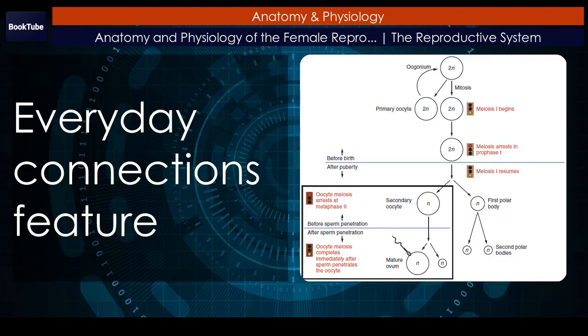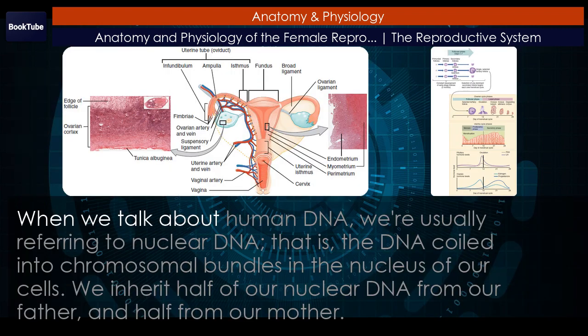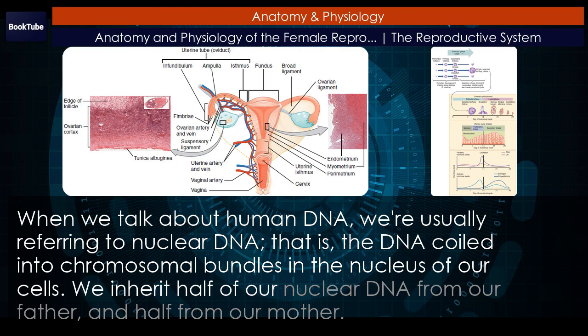Everyday Connections feature: mapping human history with mitochondrial DNA. When we talk about human DNA, we're usually referring to nuclear DNA, that is, the DNA coiled into chromosomal bundles in the nucleus of our cells. We inherit half of our nuclear DNA from our father, and half from our mother.